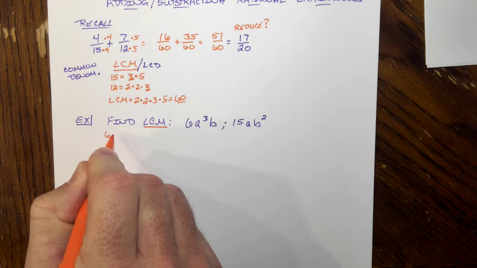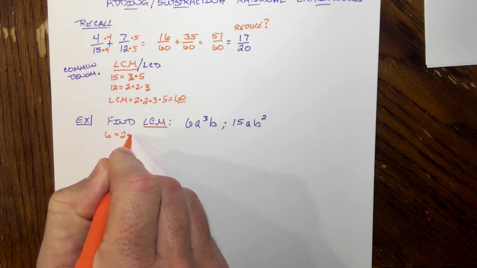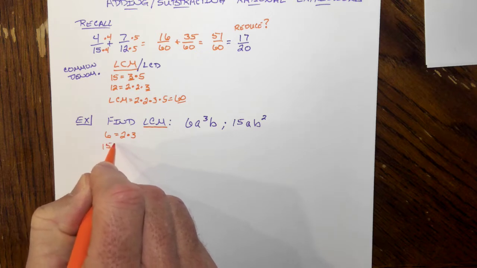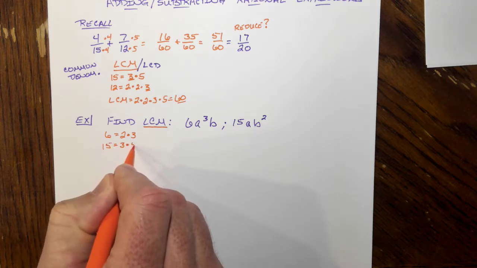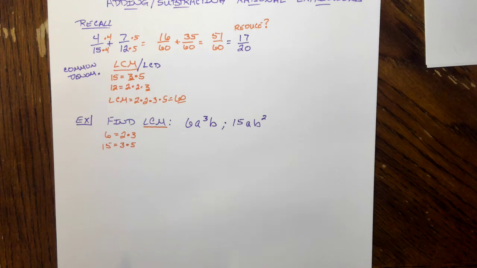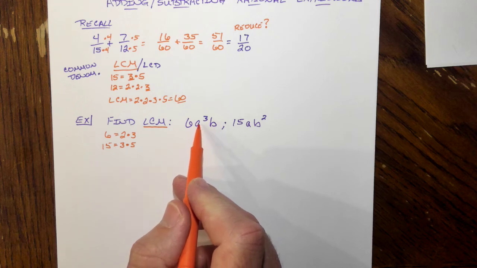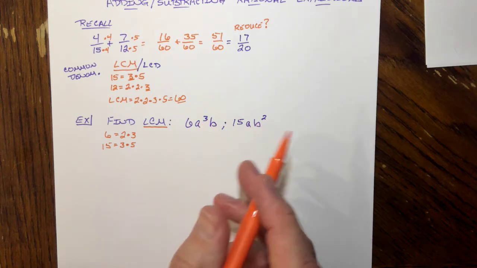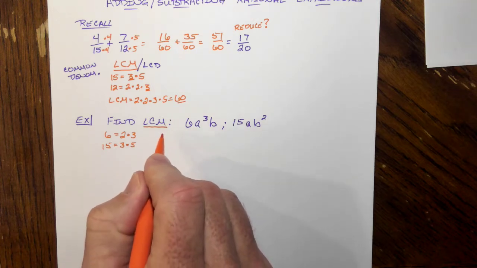So our 6, we get 2 times 3, and our 15, 3 times 5. Now, what do we do with variables? Well, you can do it a couple different ways. You can write all these out, a times a times a times b, and then b times b, or use this rule.